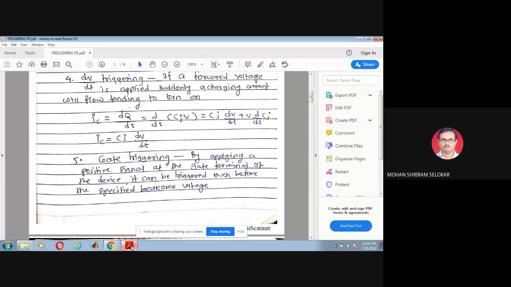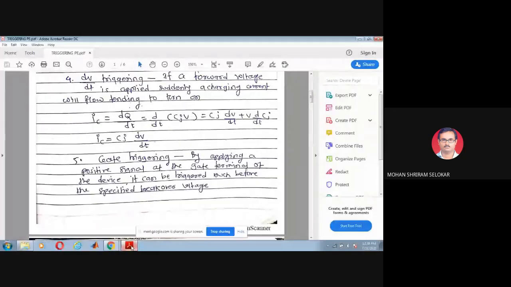It means if you apply a positive voltage between the gate and cathode of the SCR, we can turn on the SCR without much voltage to be applied between gate and cathode.